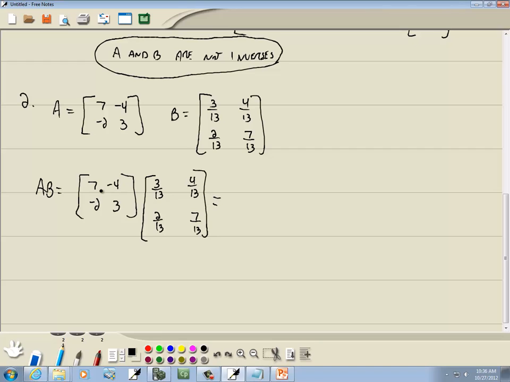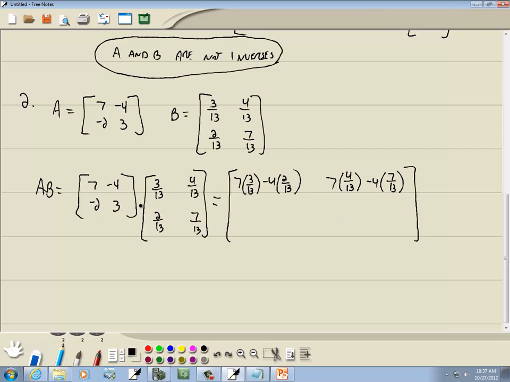Okay, take this first row times the first column. So I got 7 times 3/13 and negative 4 times 2/13. Then this row times this second column. So 7 times 4/13 minus 4 times 7/13.